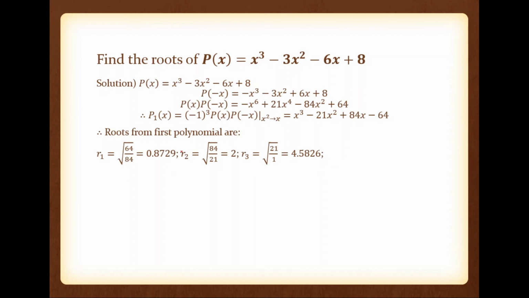And if you are substituting these values, you can see that these two values will not give 0 here. This p of x will not be 0 at these 2 points. But if you are substituting 2, means 8 minus 12, then minus 12, it is again not 0.